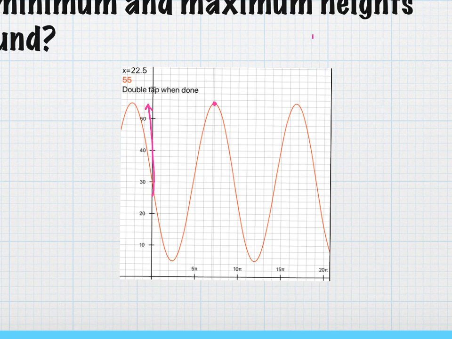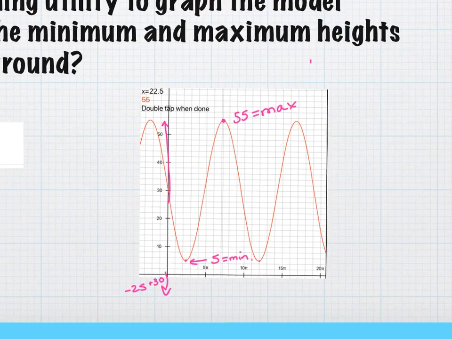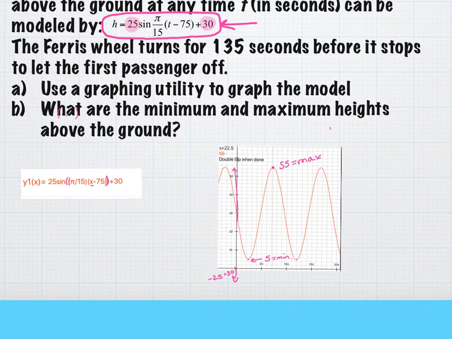So the maximum there is 55. And then the minimum on any of these, because they're the same, is 5. And that's because we would have gone all the way down to negative 25 for our amplitude, but then we added the 30 to it to bump it up vertically, and so that makes sense that it would be 5.